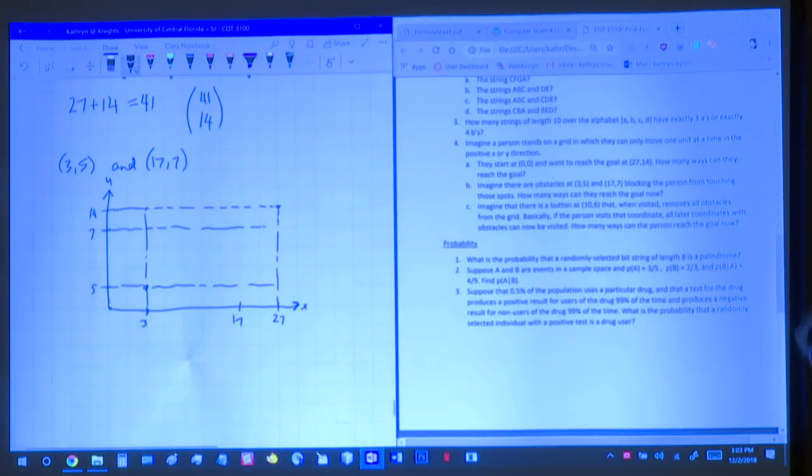This is not to scale, by the way, but it works for our purposes.